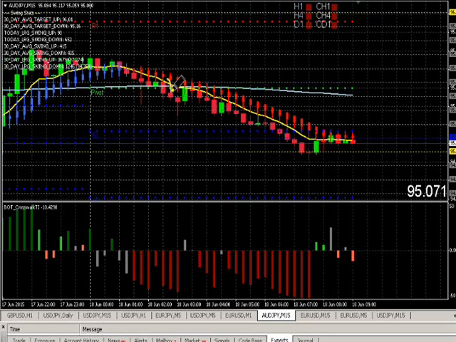Little bounce off of this 200 EMA, and once we broke that EMA, we just kept going with the move of the day.